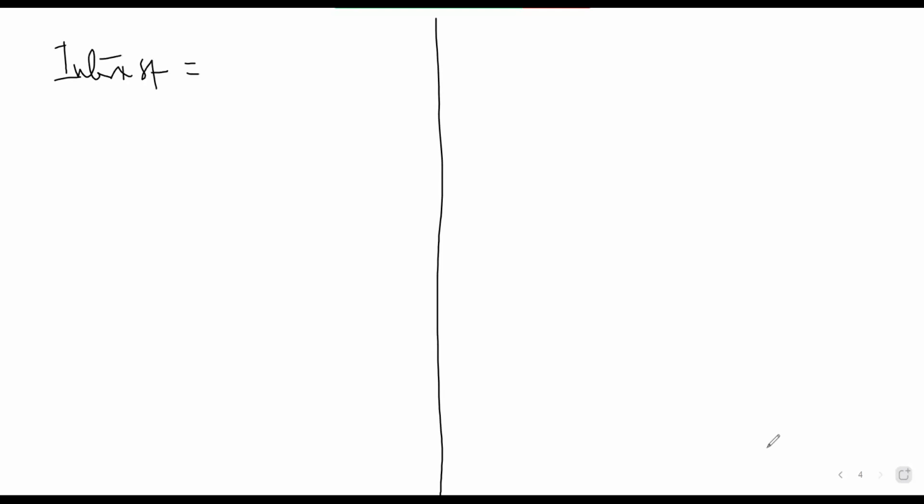It will be 0.07 times 20 times 6/12. Am I correct with the calculation?